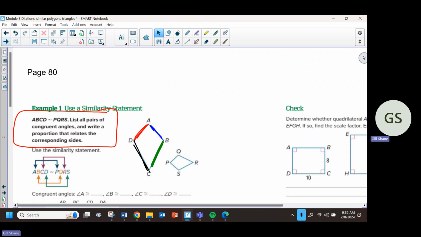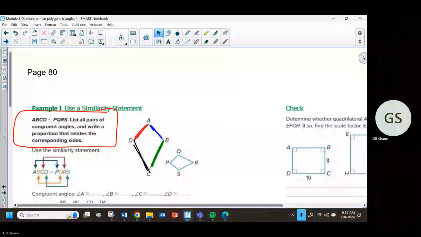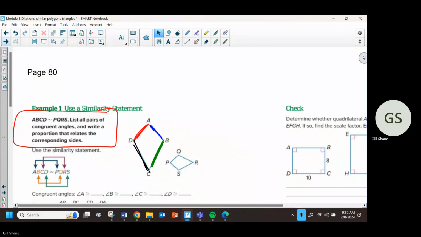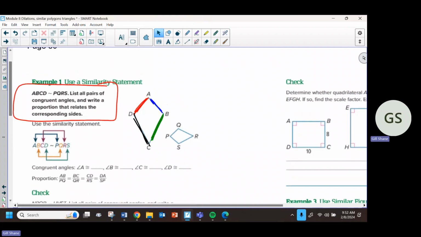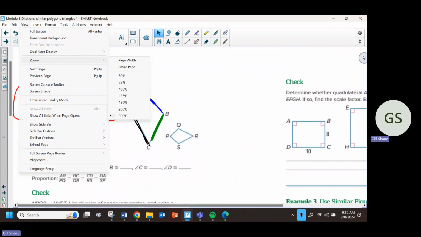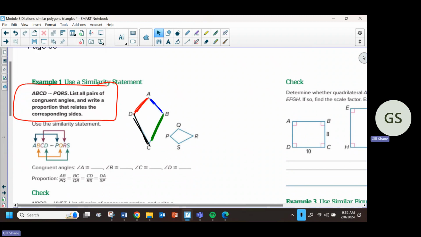Super challenging stuff. Actually, can I zoom in anymore? Oh no, definitely can't. See if I can zoom in any here. It's going to mess it up.